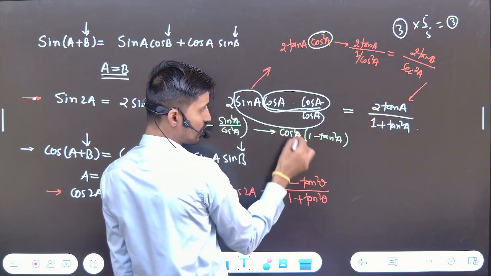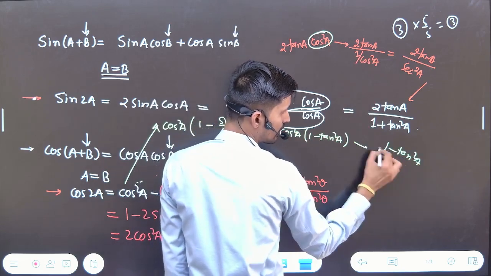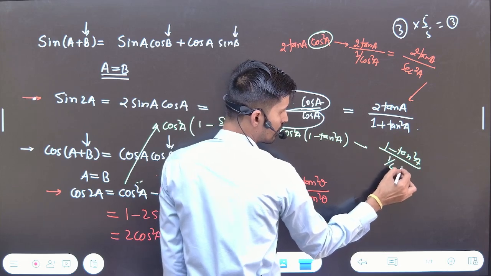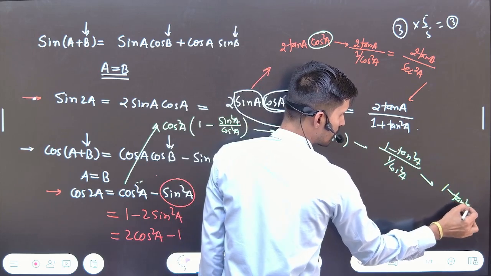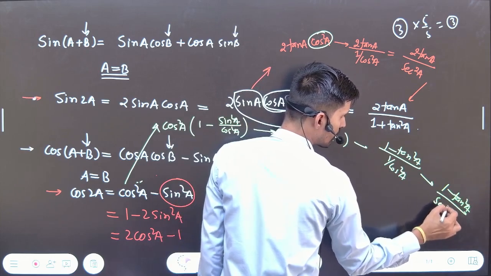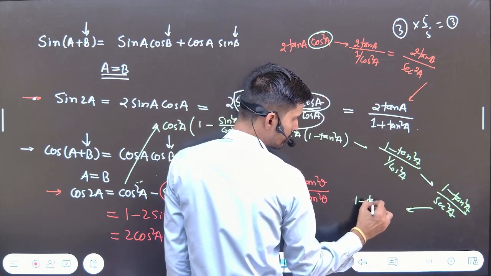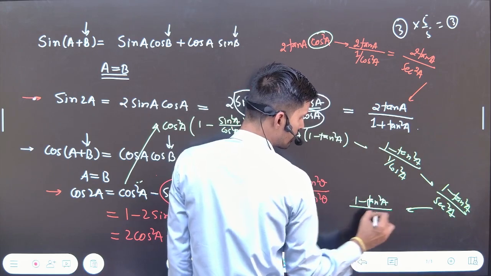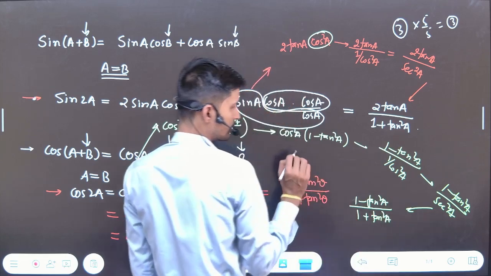Same with this cos², and sec² will become the denominator. We got the formula.